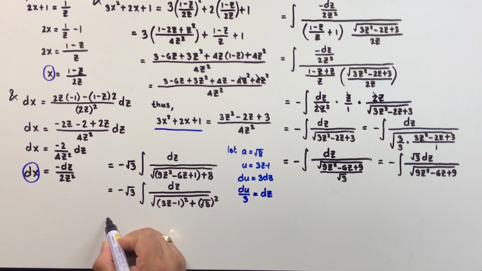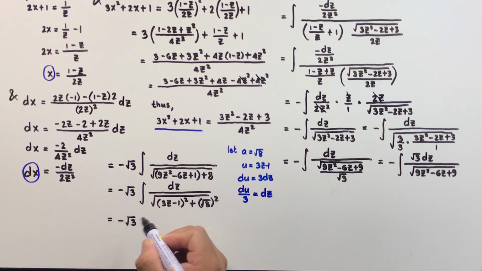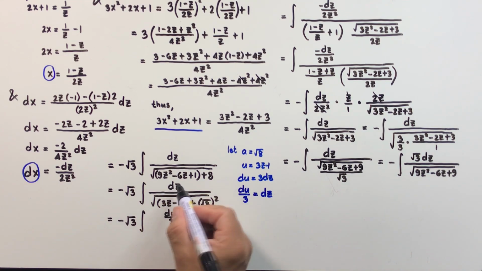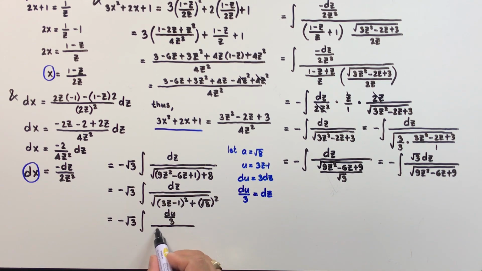Now, substituting this to our integrand, we have the negative square root of 3 times dz, which is du over 3 for this dz here, over the square root of our u squared added to the square of our a, because our a is square root of 8.